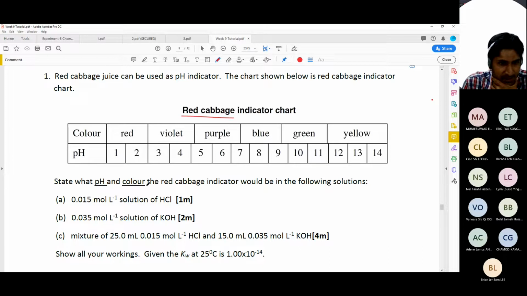So state what pH and color the red cabbage indicator would be in the following solution: a 0.015 mole per liter solution of HCl.